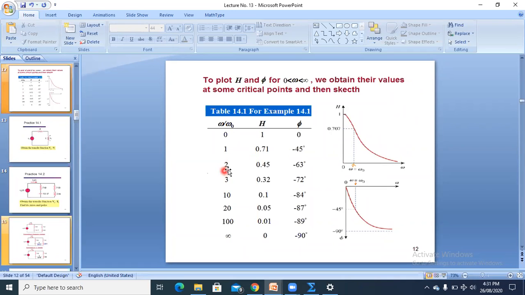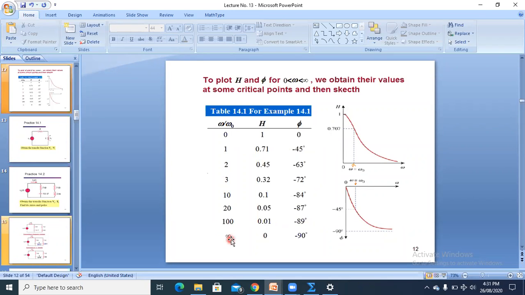So if the ratio of omega and omega naught is 2, H is 0.45 and the angle is minus 60 degrees, until the ratio of omega to omega naught reaches 100 times. Then the frequency response is 0.01 and minus 89 degrees.